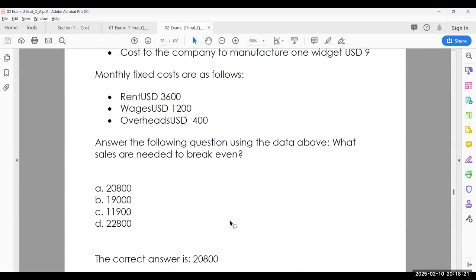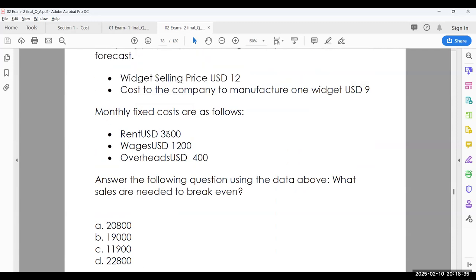Got it? Yes. So they're asking what sales are needed to break even. Nothing else, they're asking the break-even revenue only.